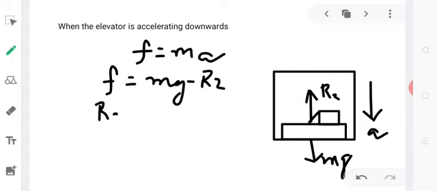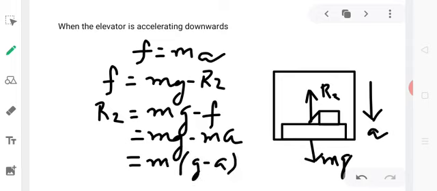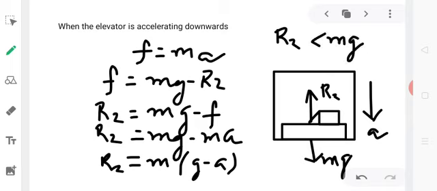So R2 will be equal to mg minus F, that is equal to mg minus ma, that is equal to m times (g minus a). So clearly R2 is less than mg. Hence, apparent weight of the person becomes less than the actual weight when the elevator is accelerating downwards.